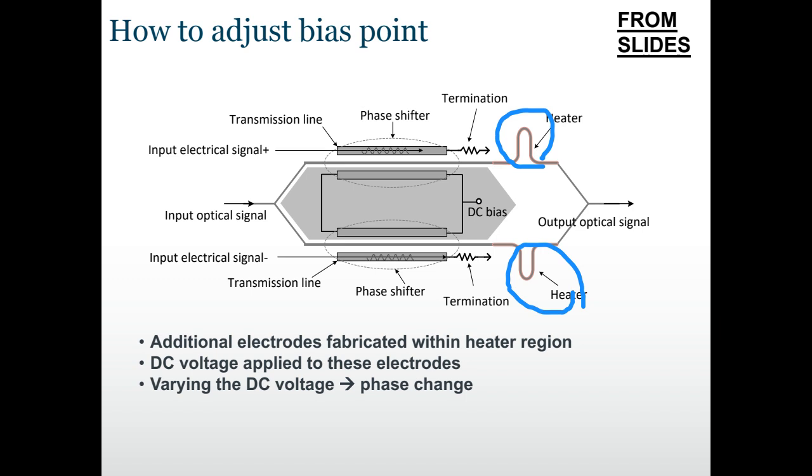Basically, we fabricate with heaters, and then apply extra DC voltage onto the heaters. So how do we change the amplitude? We change the length of the metal strip. We'll look at this again in the next few questions.